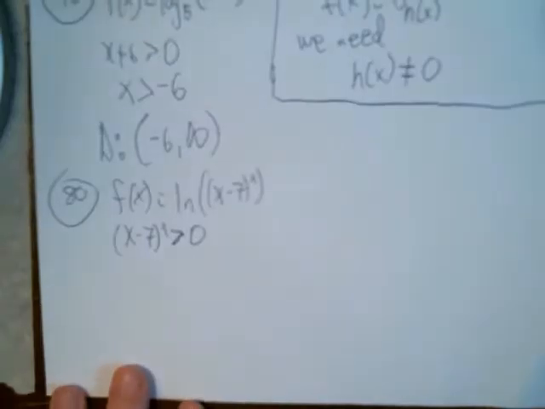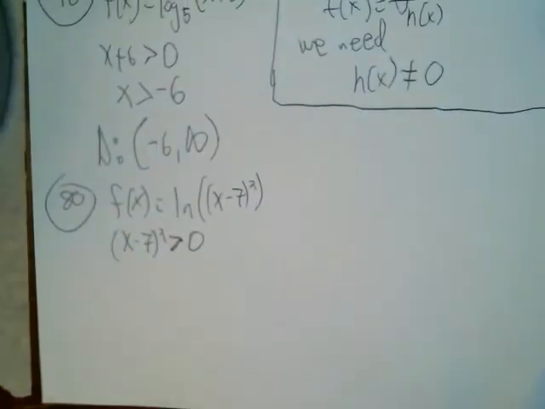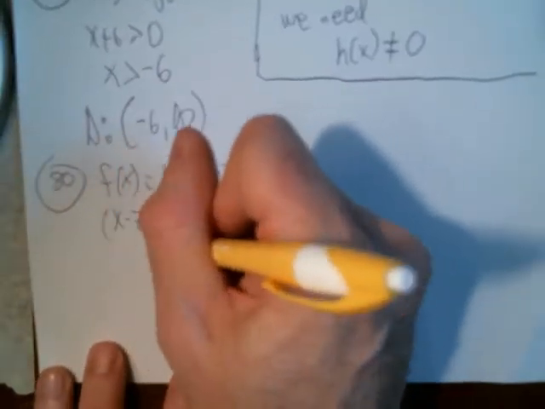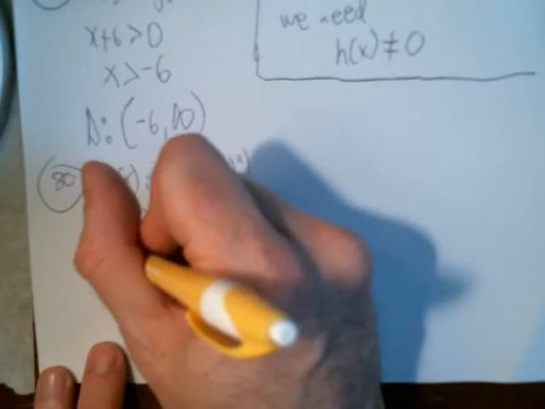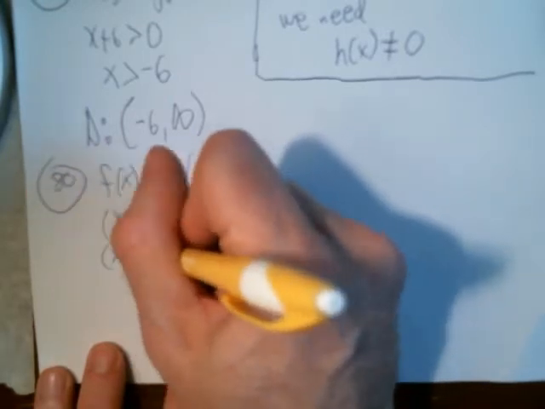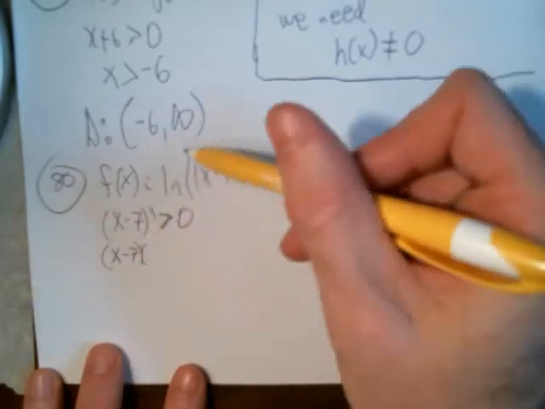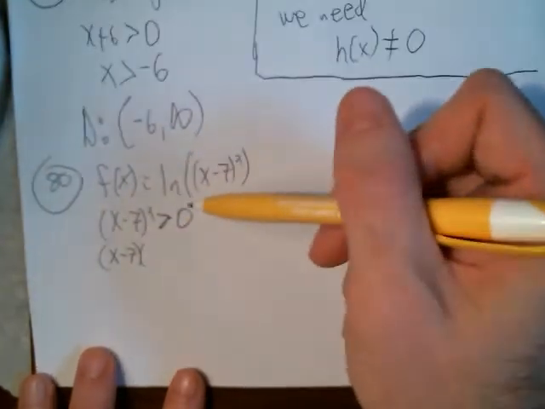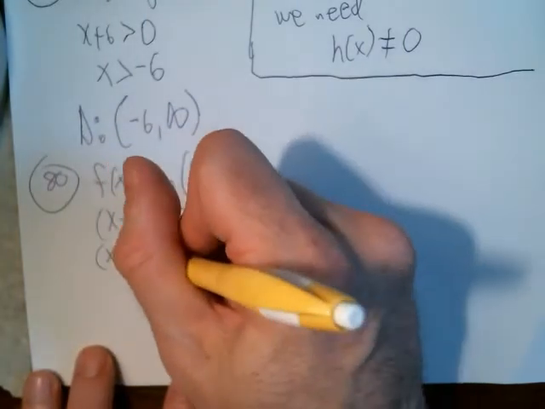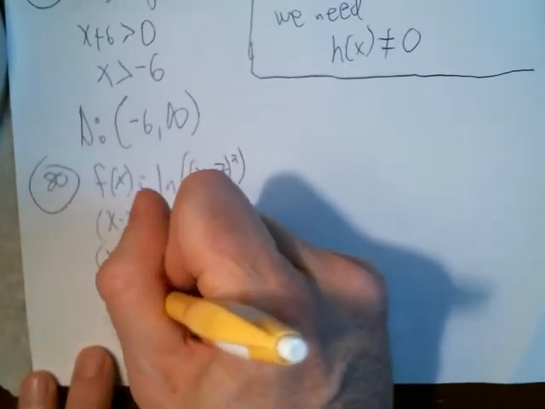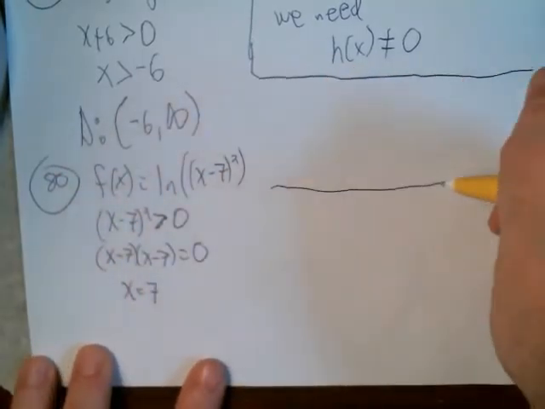This is a polynomial inequality, and we learned how to solve these in the last section. So we need to find the boundary points. It's already in the appropriate form. We have a polynomial inequality and then 0 on the other side. So I need to find the boundary points, set it equal to 0, so x equals 7.